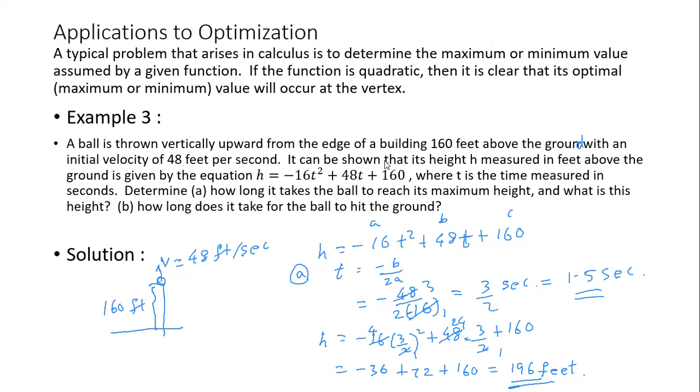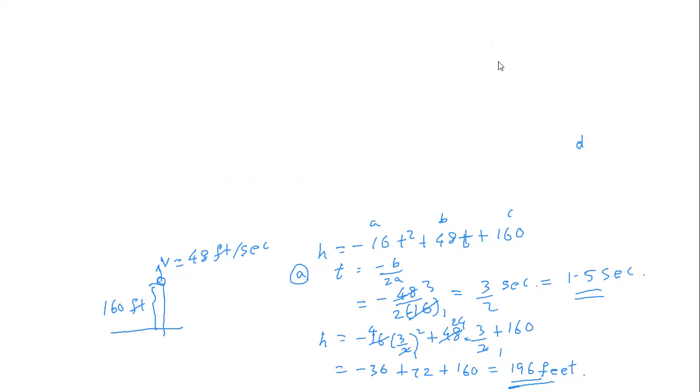H is given by this. I copy it from here. The part B, h equals negative 16 t square plus 48 t plus 160.